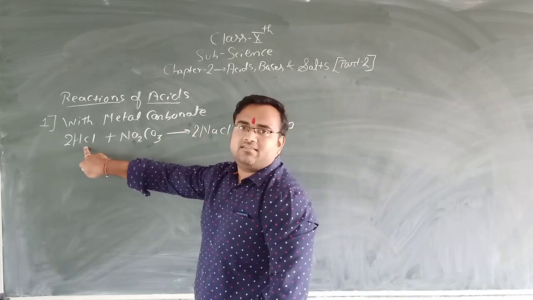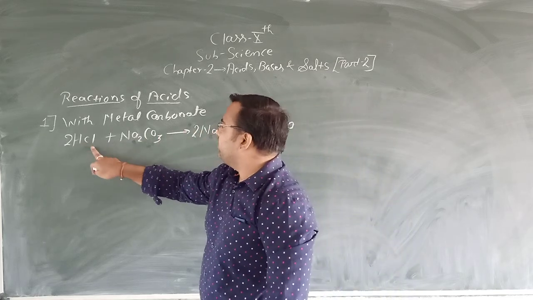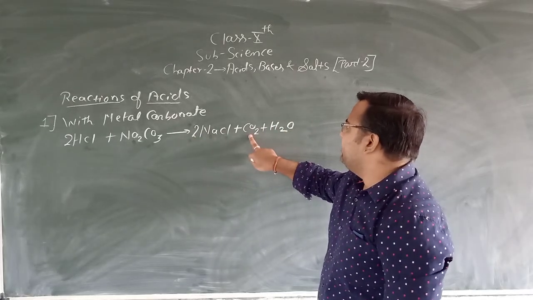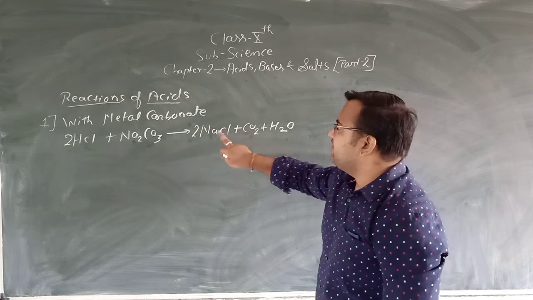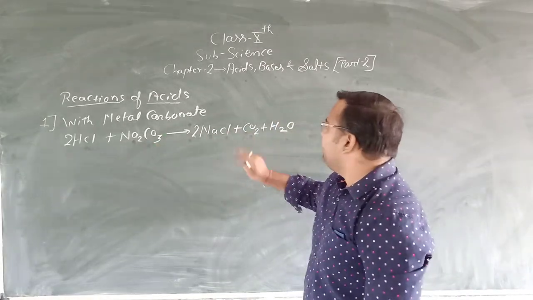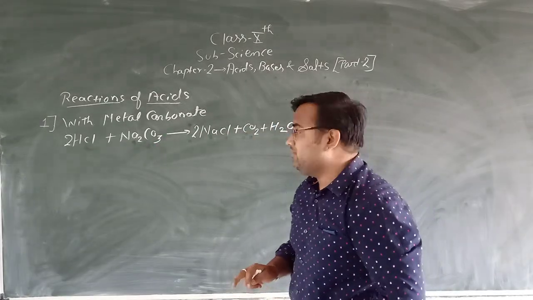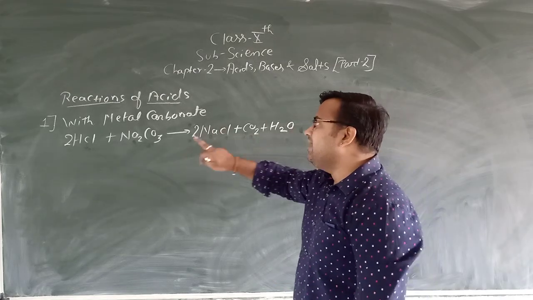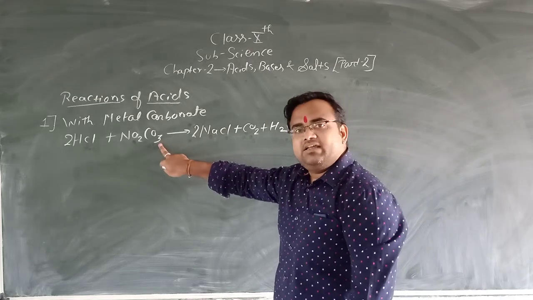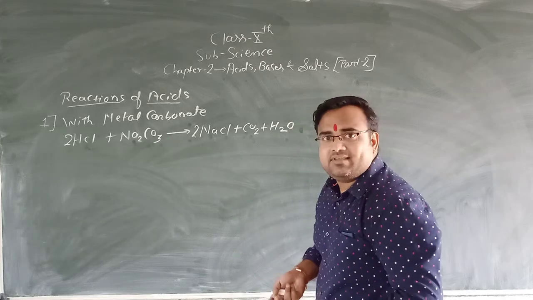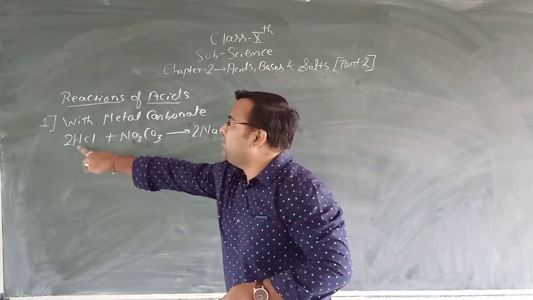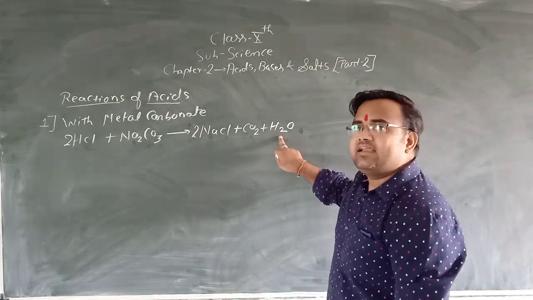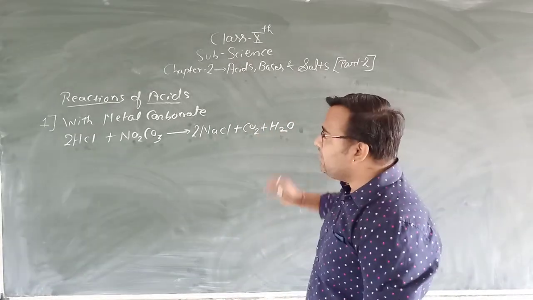How many chlorine are there? 2 chlorine. Now carbon dioxide and water. Carbon is 1. Now we'll calculate the number of oxygen also. 2 oxygen plus 1 oxygen, 3 oxygen, and on the left hand side there are also 3 oxygen. How many hydrogens are there on the left hand side? 2 hydrogen on the left hand side, and 2 hydrogen on the right hand side. The reaction is balanced.